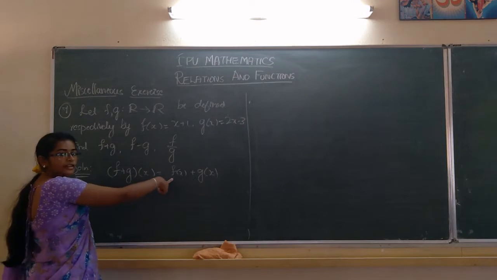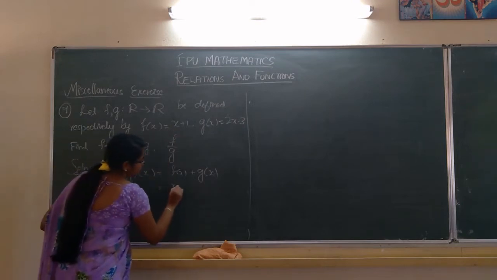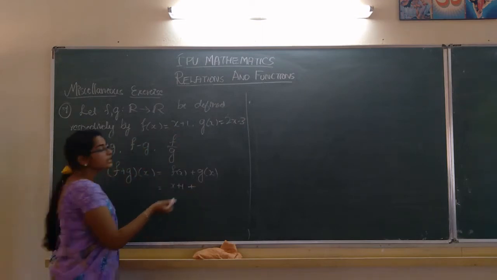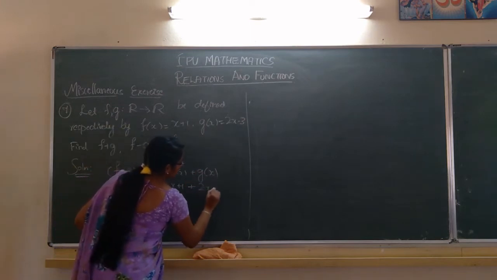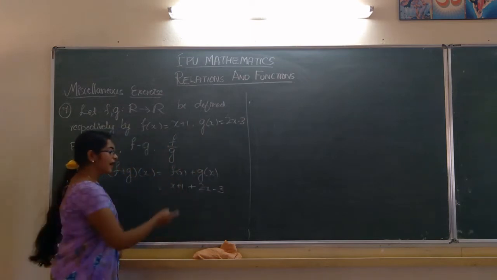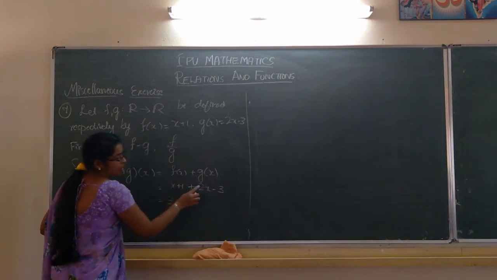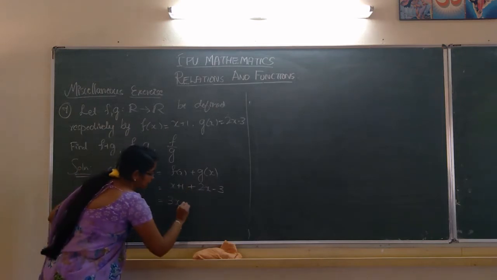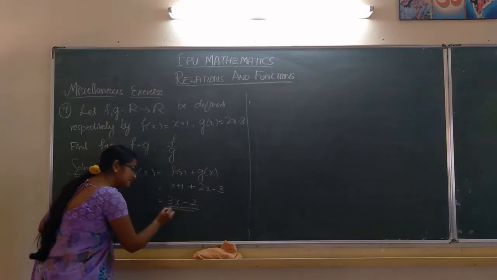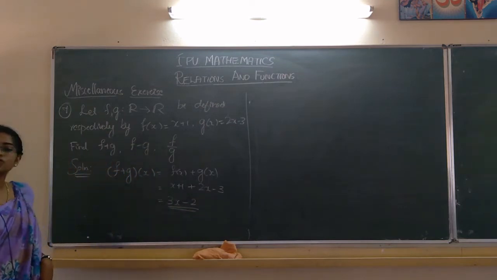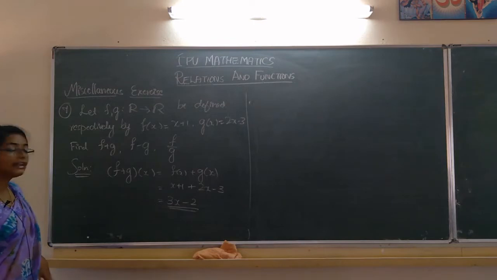F of x is x plus 1 and g of x is 2x minus 3. By adding this, 2x plus x is 3x, and 1 minus 3 is minus 2. This is the function f plus g of x. I hope you are clear with this.